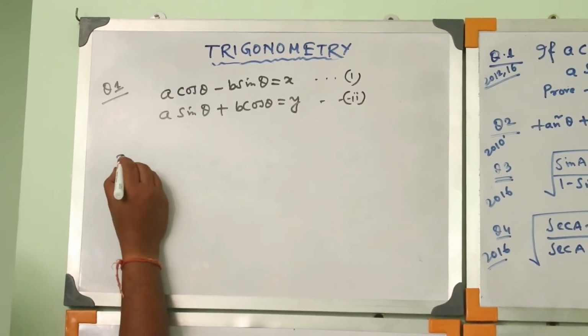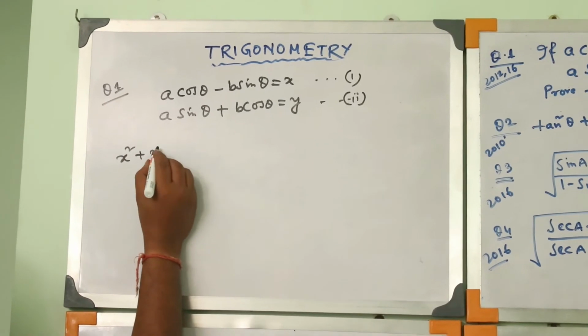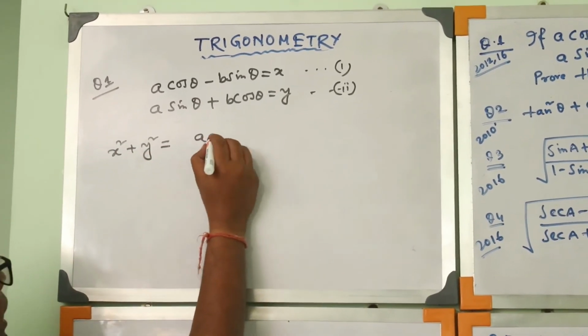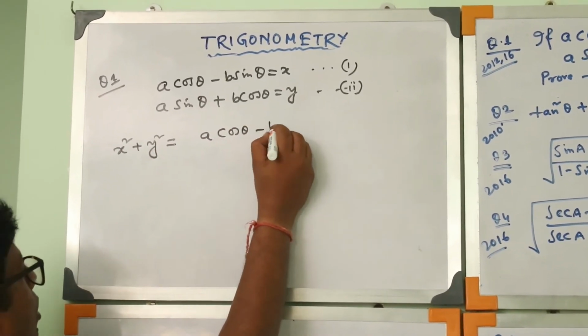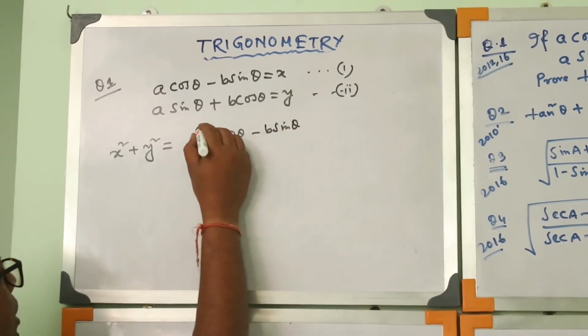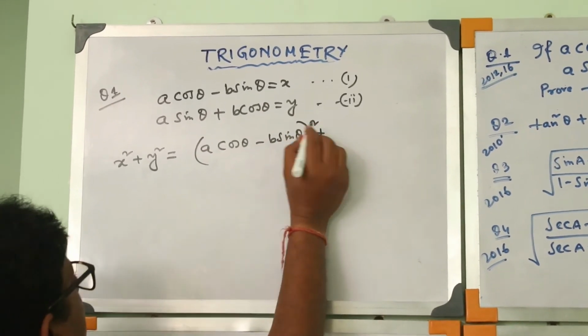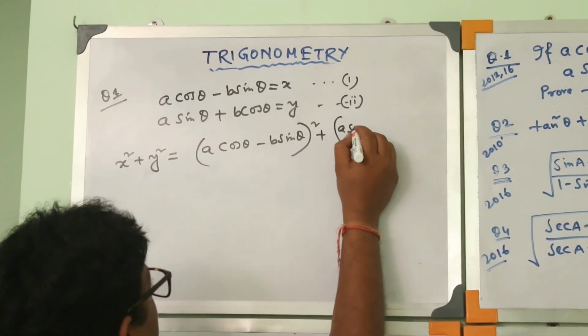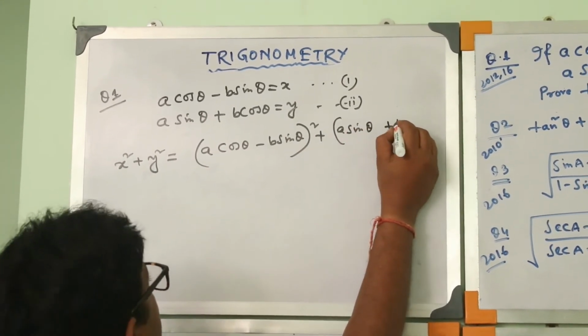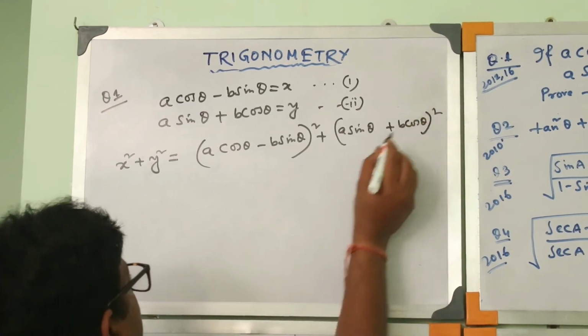That means we get x square plus y square, that is, a cos theta minus b sin theta whole square plus a sin theta plus b cos theta whole square.